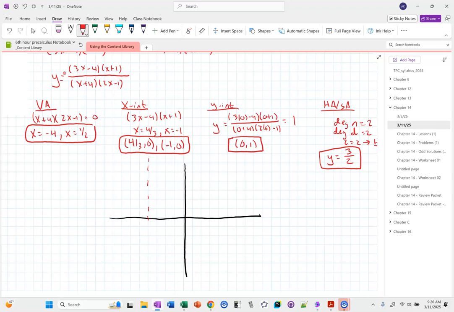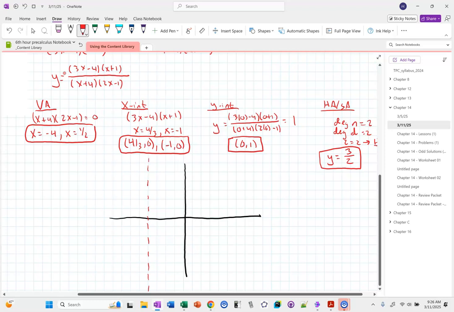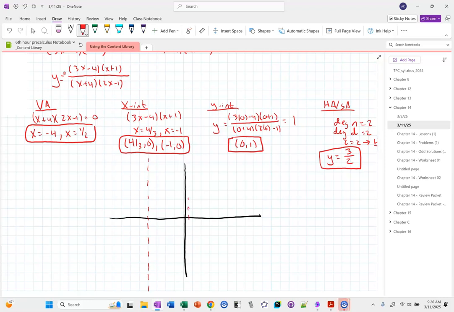So 1, 2, 3, 4. So there's x equals negative 4. And then x equals positive 1/2.